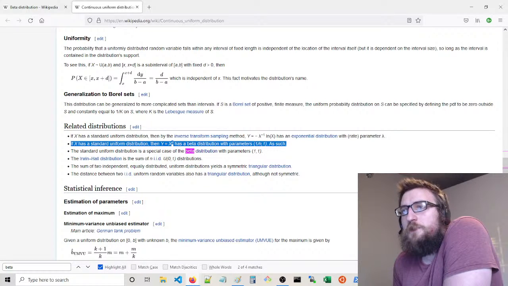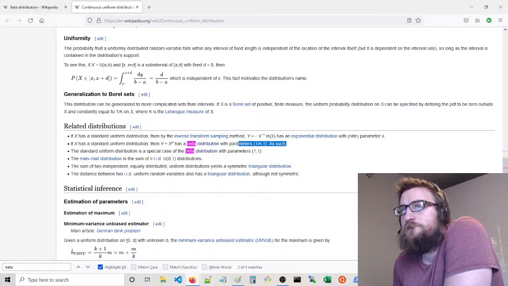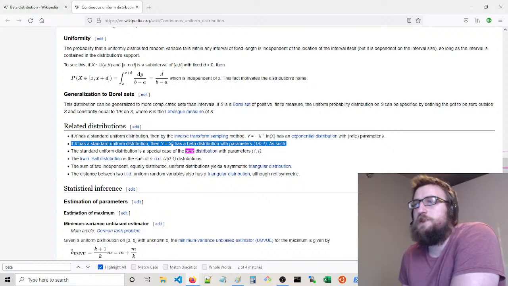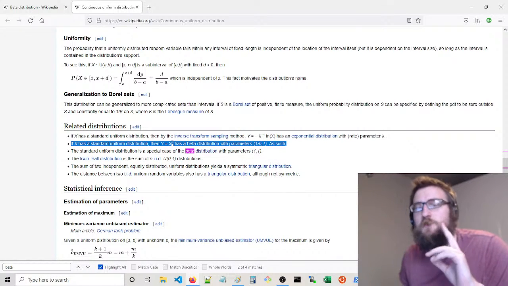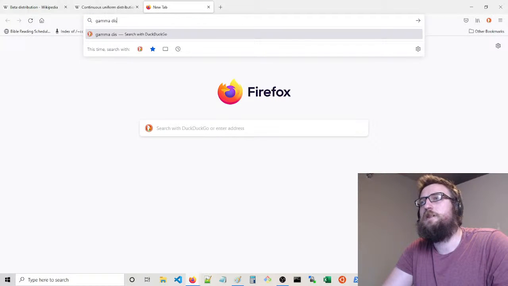So, if x has a standard uniform distribution, then y equals x raised to the n has a beta distribution with parameters 1 over n, 1. As such, the standard uniform distribution is a special case of the beta distribution with parameters 1, 1. Okay, so here's a relationship between the beta distribution and the uniform distribution. There's a relationship between the gamma distribution and the beta distribution.